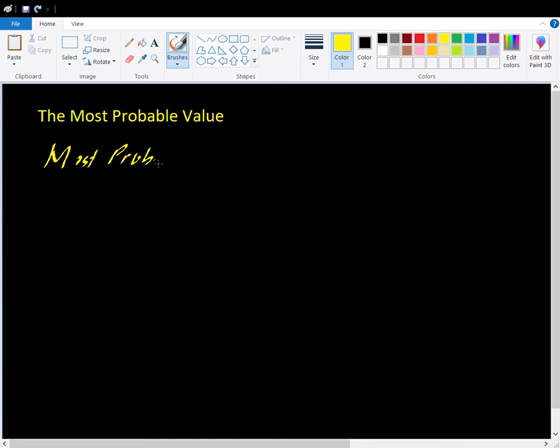Let us denote it by x bar. The most probable value, MPV or x bar, is simply the summation of all the measurements xi divided by n.